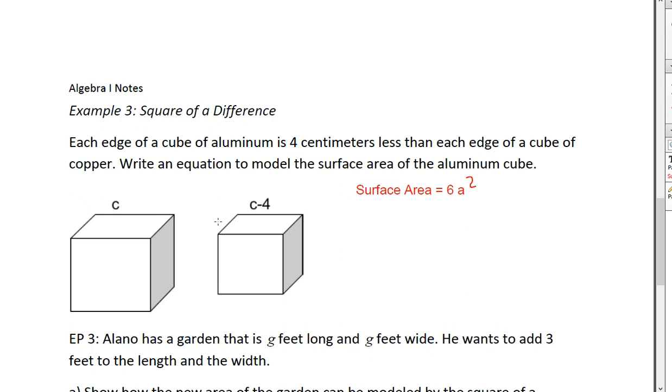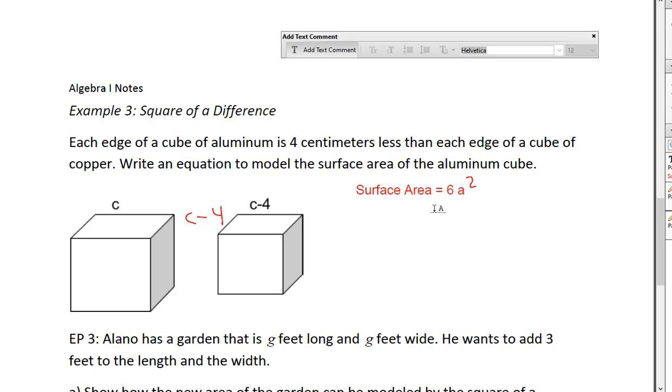So here we're going to do c minus 4 times c minus 4, because all those sides are the same for a cube. So for our cube here, the surface area will be equal to c minus 4 times c minus 4, right? Length times width.